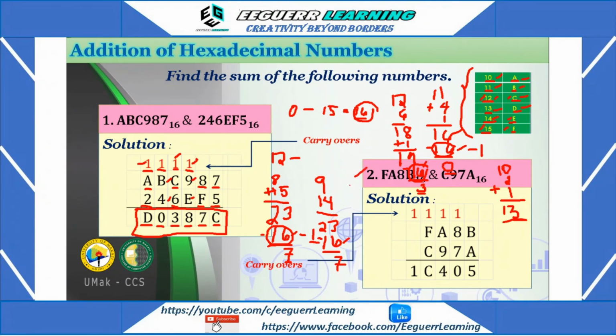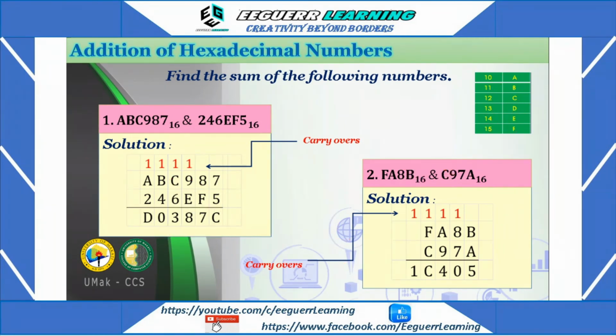Okay, we solved problem number 1 of hexadecimal addition. We clean our slide, and we proceed to problem number 2. We start with letter B plus A. These are letters, so we look at our table. B here is 11, so we place 11 plus letter A, whose equivalent value is 10.